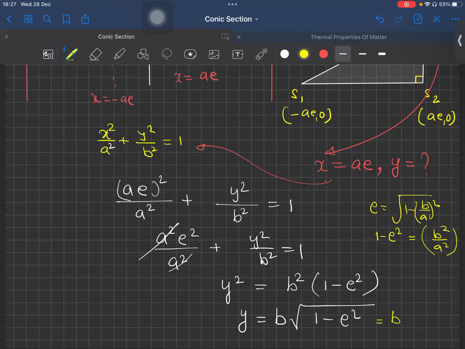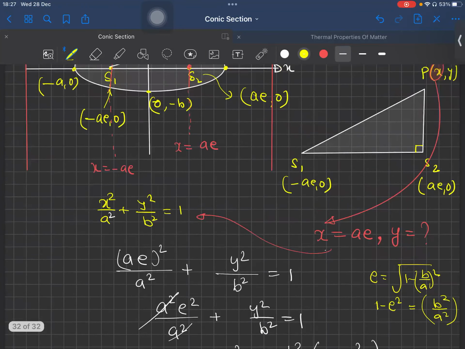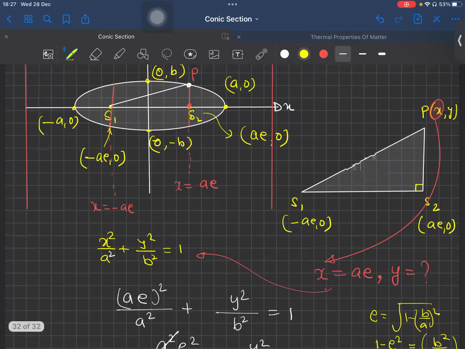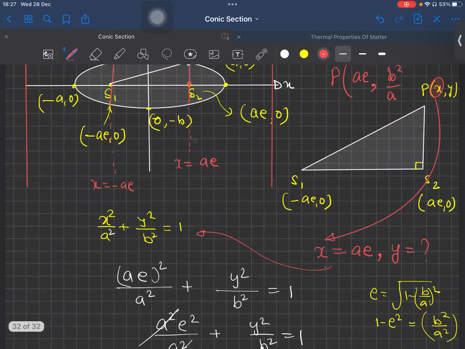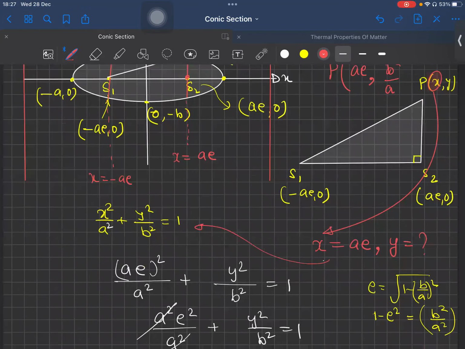This will be b multiplied by b upon a, right? So this will be b square upon a. So the coordinate of point P will become ae comma b square upon a. That's what we have got.